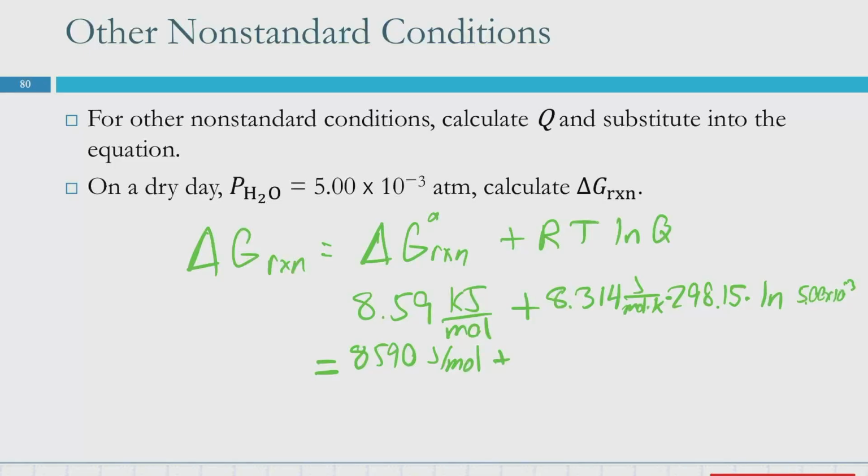So that's roughly what our calculation would look like. And this whole RT ln Q term is this.